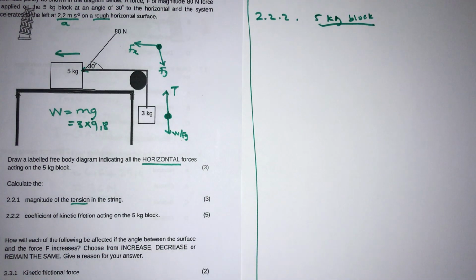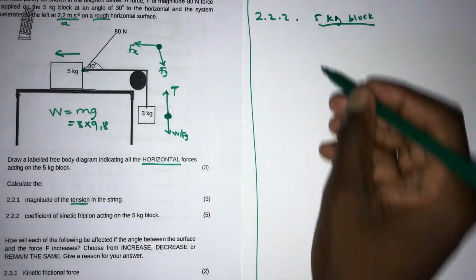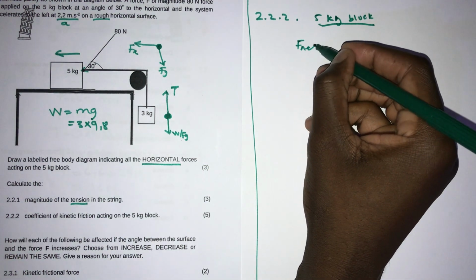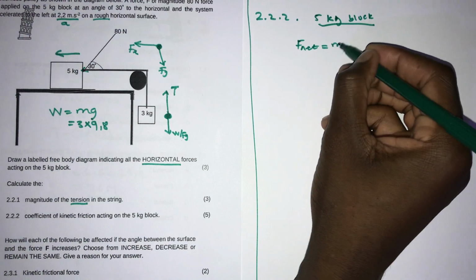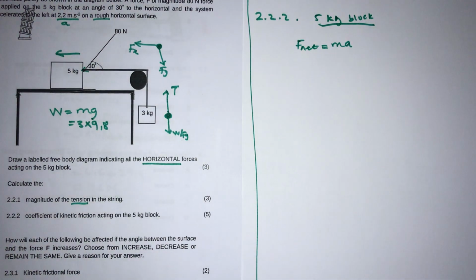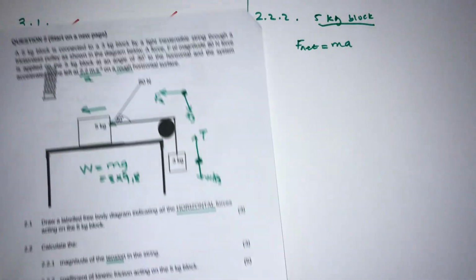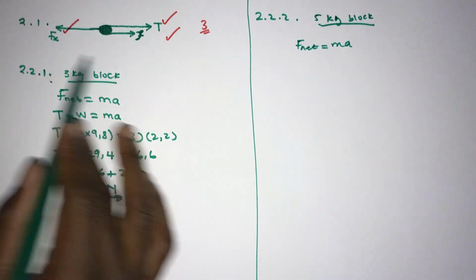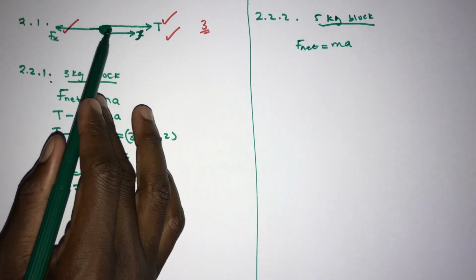So on the 5 kg block, life is easy because already we drew the free body diagram showing all the horizontal forces. So on the 5 kg block, we start here, F net is equal to MA. Now let's go back and check. This is the free body diagram on the 5 kg block, right?